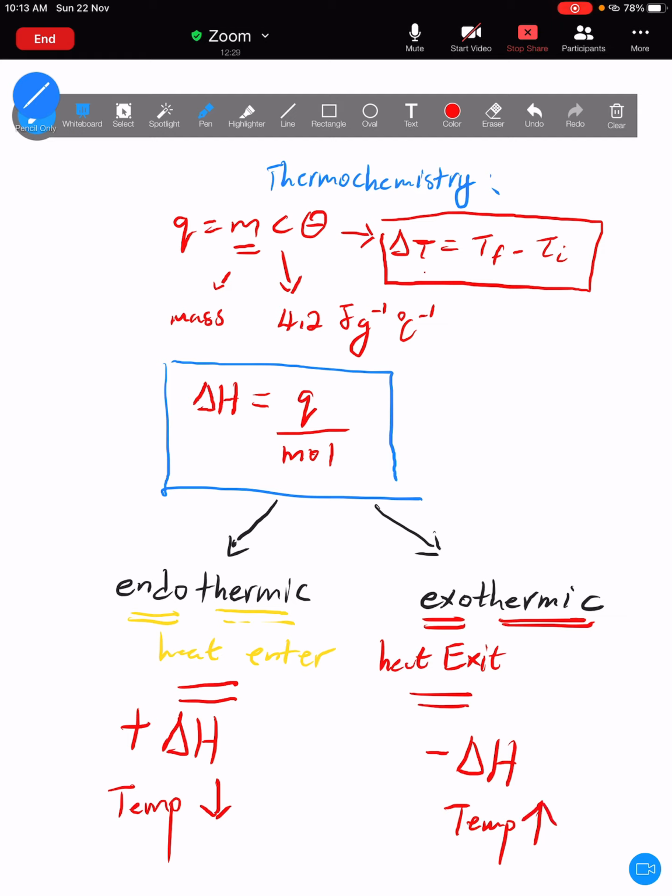Yes. This is a very short revision on thermochemistry. You might screen capture this.